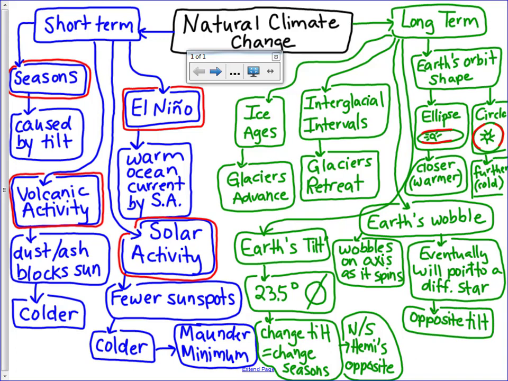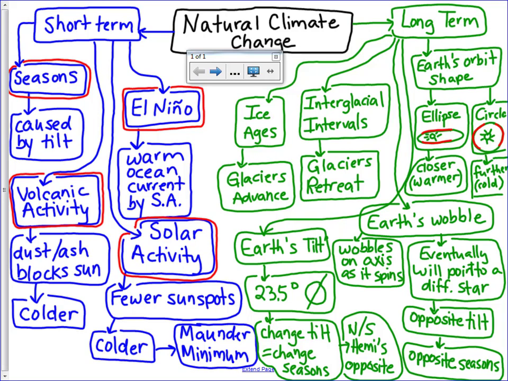And if you switch the direction of the tilt, then you also switch the seasons. So eventually, over a period of 26,000 years, you can switch the season that you normally associate with summer to winter and vice versa.